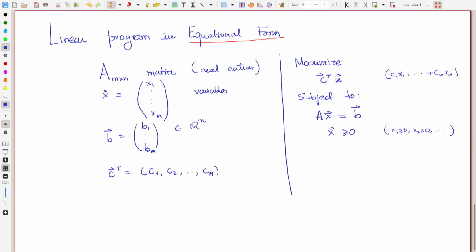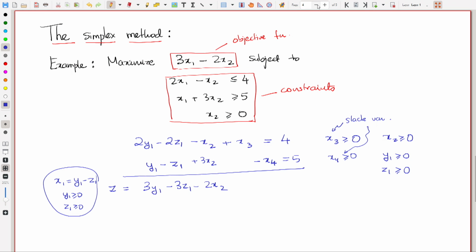Okay, so this is the equational form. And in this previous example, we have actually created an equational form out of the form which was not equational. So in this example, A is the matrix with rows 2, minus 2, minus 1, 1, 1, 0 and 1, minus 1, 3, 0, minus 1.